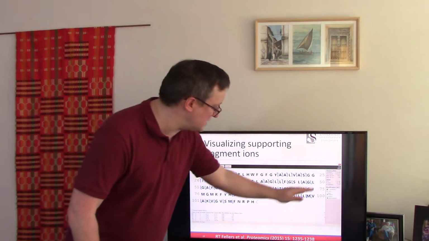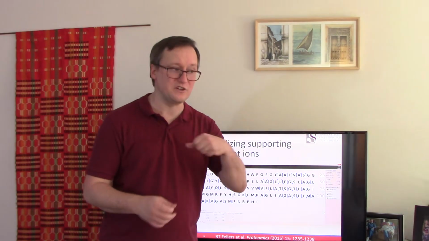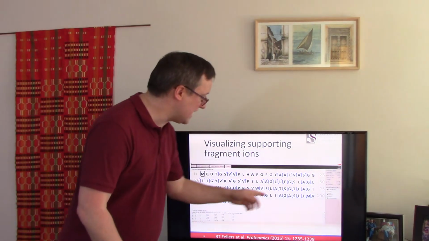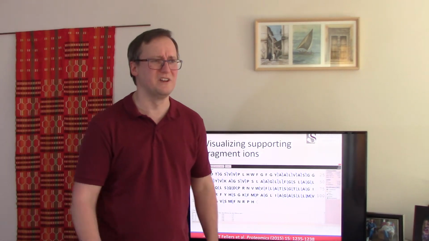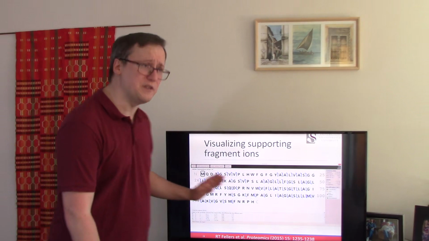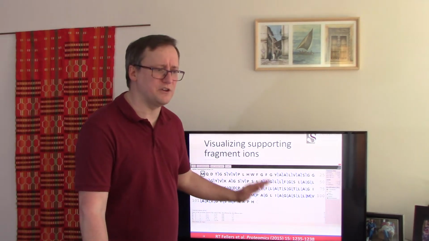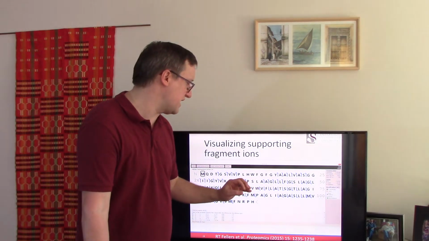If you see a protein sequence that's covered with indicators of N-terminal and C-terminal ions, you feel good about it. If you see one that has just a very few places marked out, you should probably be much more cautious about accepting that PRSM. The other thing is that you may be very interested in knowing whether a particular part of this protein is decorated.